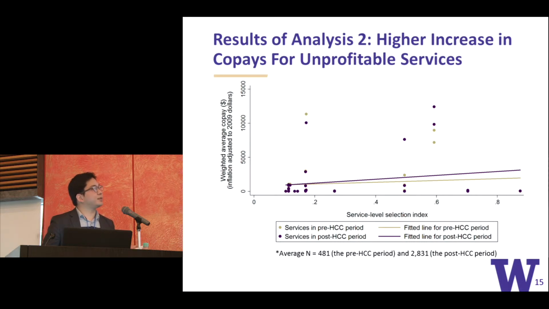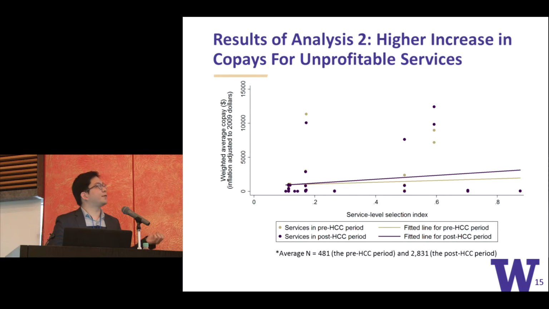This index has been developed by a previous study, but the interpretation is that services with a higher service level selection index are unprofitable to health plans. So health plans would want to avoid people who are using these services. So services in this area. Compared to the pre-HCC period, the slope of the post-HCC period moves upwards, right? And this means that in the post-HCC period, MA plans actually increased.